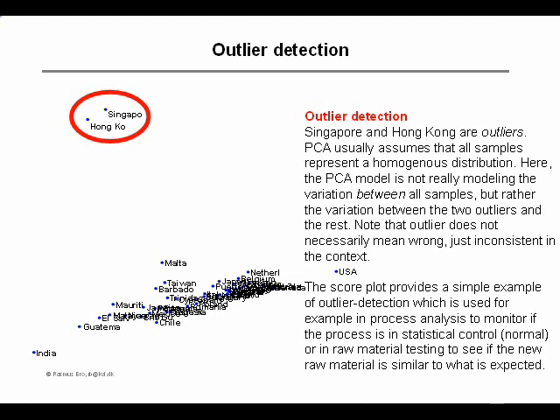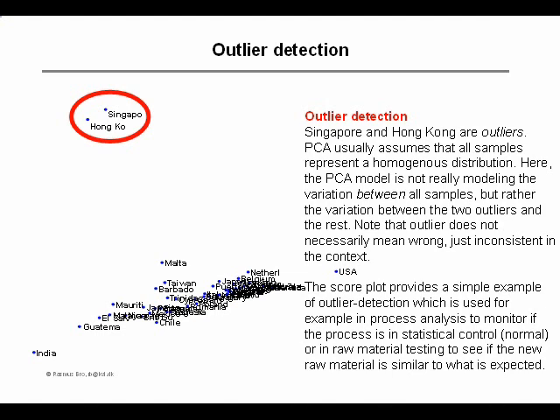In PCA we often, though not always, assume that our samples come from a certain distribution, not necessarily an easily statistically described one, but at least that the samples are similar in nature. But in this case we can see that PCA is not really modeling the variation among all the samples, but it seems that it's rather modeling whether we have Singapore or Hong Kong or not.